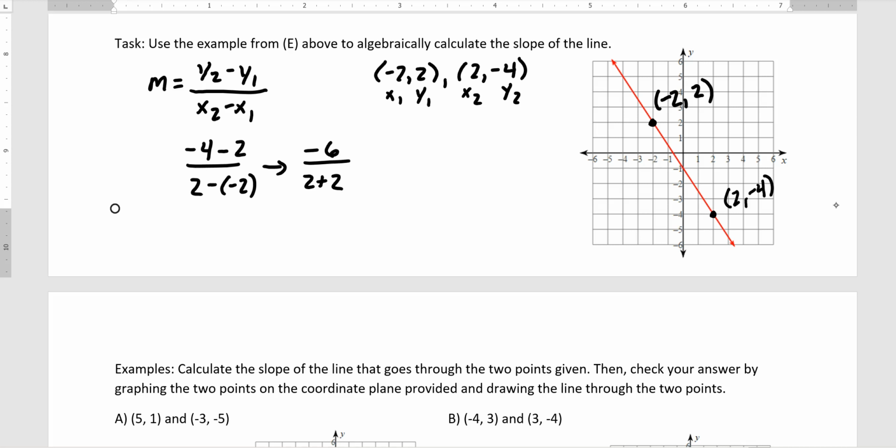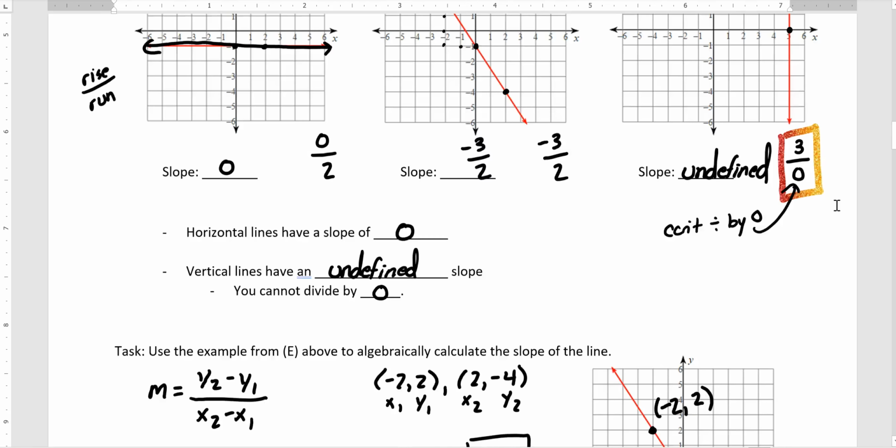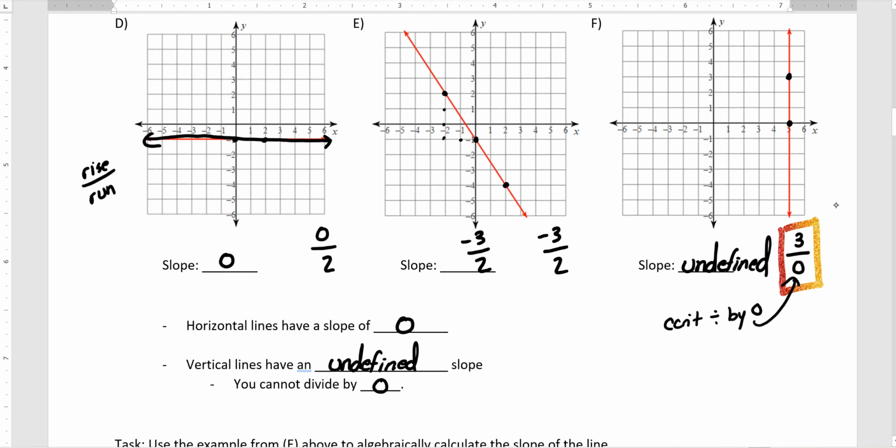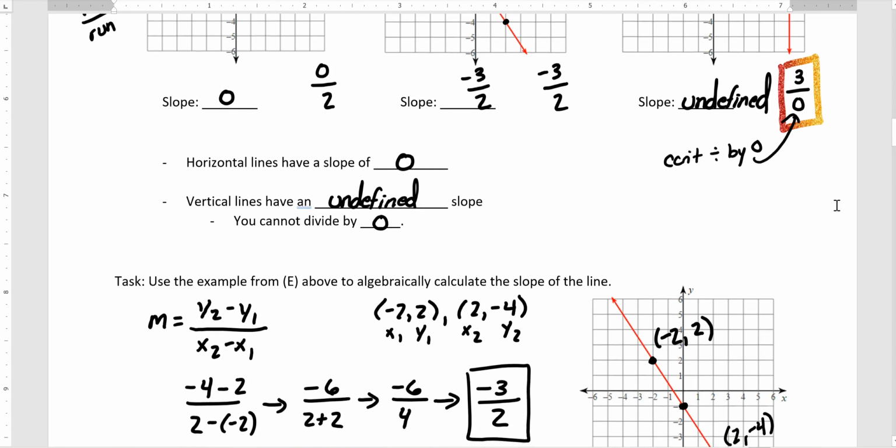This will become 2 plus 2, which is 4. -6 over 4 is not fully simplified. -3/2 is fully simplified. So that would be our slope there. What that tells us is that for every 3 we go down, we go to the right 2. If we compare with what we found in letter E, it's the same thing. We found the same thing, -3/2.